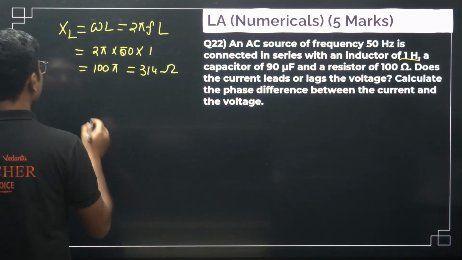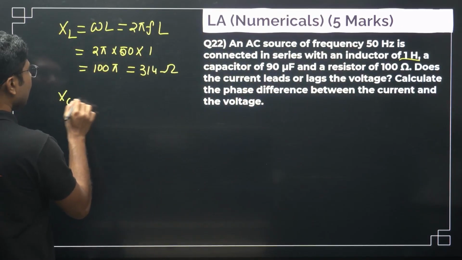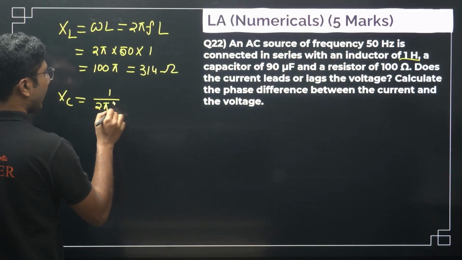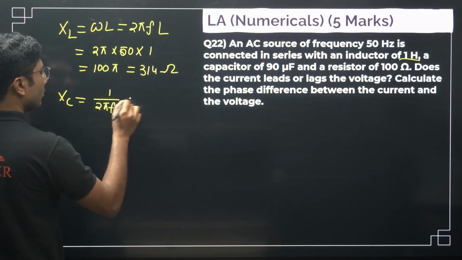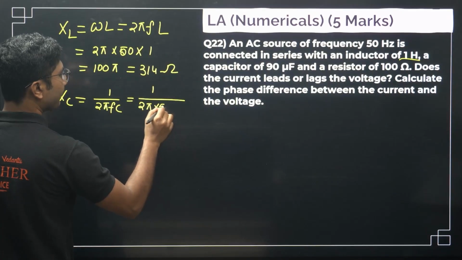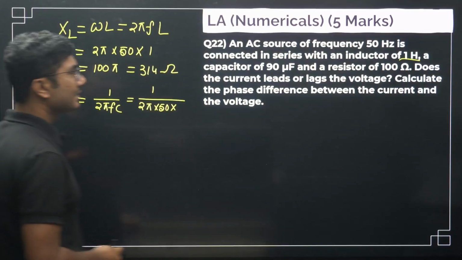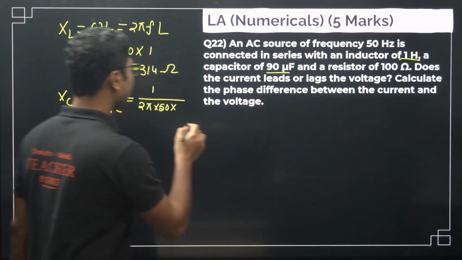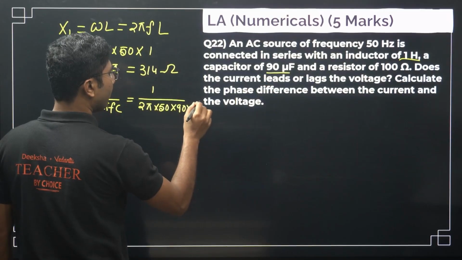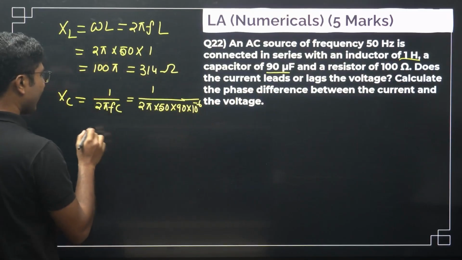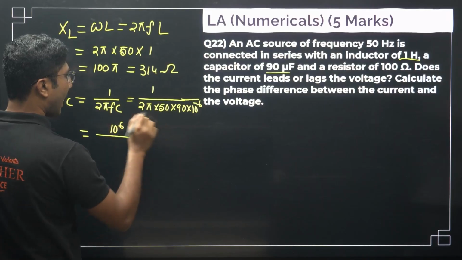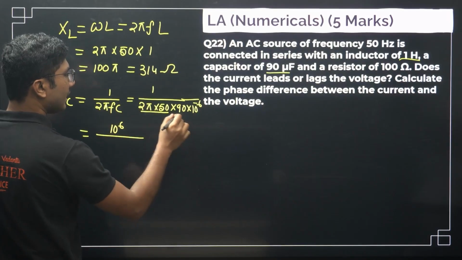Now we have to find the capacitive reactance XC, which is given by 1 by 2 pi FC. So 1 by 2 pi into 50, and the capacitance is 90 microfarad, 90 into 10 to the power of minus 6. Now put that value and you can calculate. 10 to the power of 6 goes up, and in the division you get 100 pi into 90.